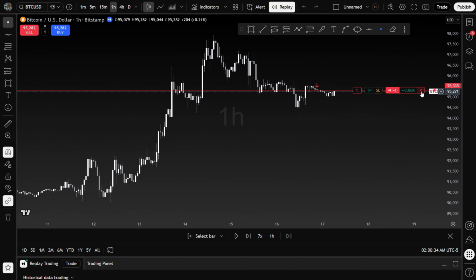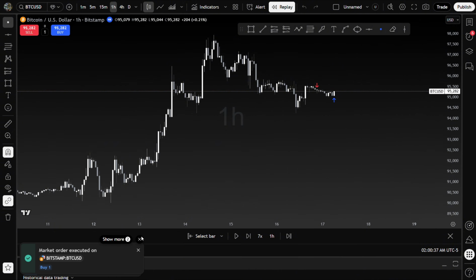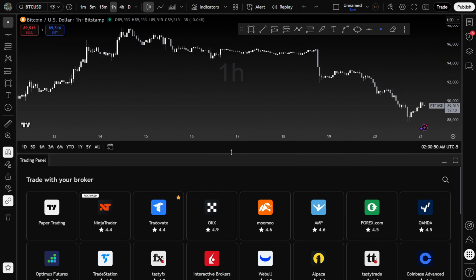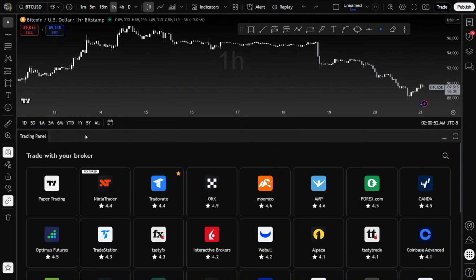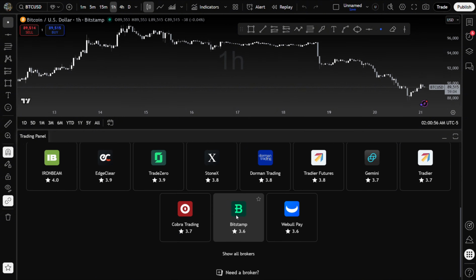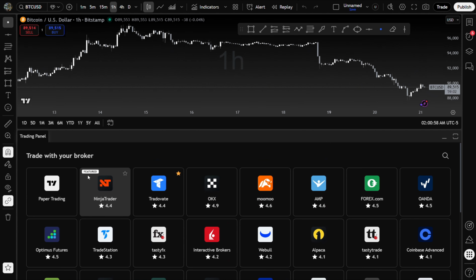Now, let's talk about one of the most important parts, connecting your broker. So TradingView allows you to connect many brokers. Just go to the trading panel. All you have to do is slide this up here. Go to the trading panel and you'll see a plethora of brokers that you can connect. The ones that they show you are pretty much the most common. The ones that futures traders use the most often are Tradovate and maybe even Webull and NinjaTrader.